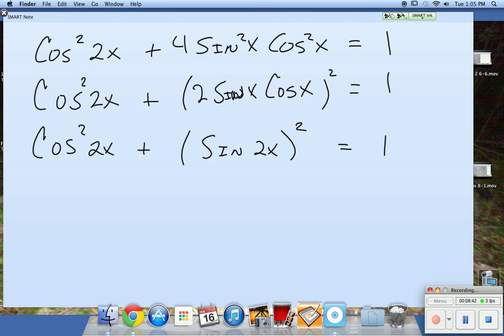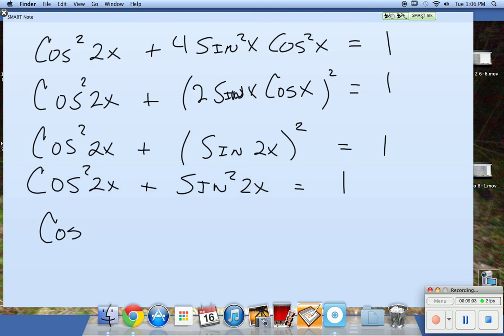Cosine squared 2x plus, and I square this, sine squared 2x equals 1. Now my 2x can just be a theta, right? So it'd be like saying cosine squared of theta plus sine squared of theta equals 1. And that's our original Pythagorean identity.